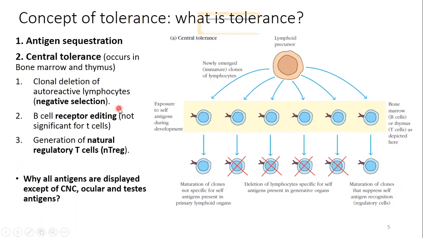So the central tolerance for T cells and B cells involves clonal deletion of high-affinity T and B cells, receptor editing for B cells, and generation of natural regulatory T cells.